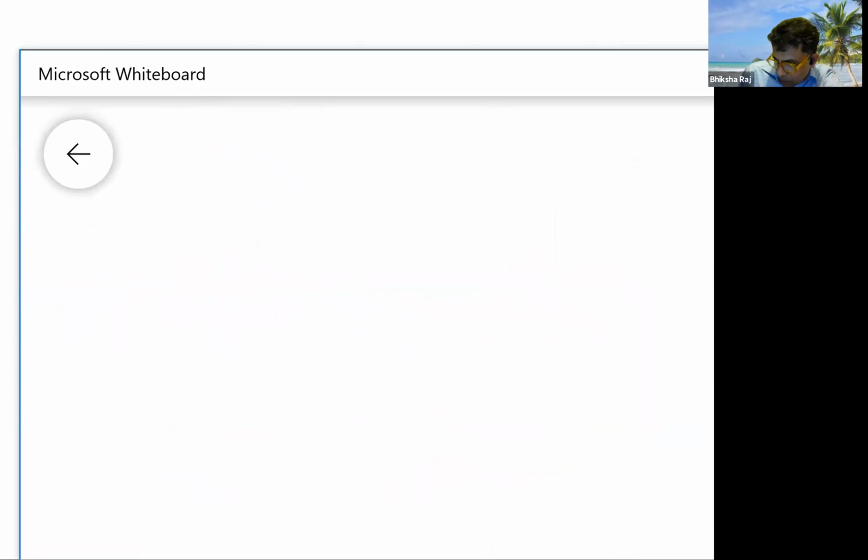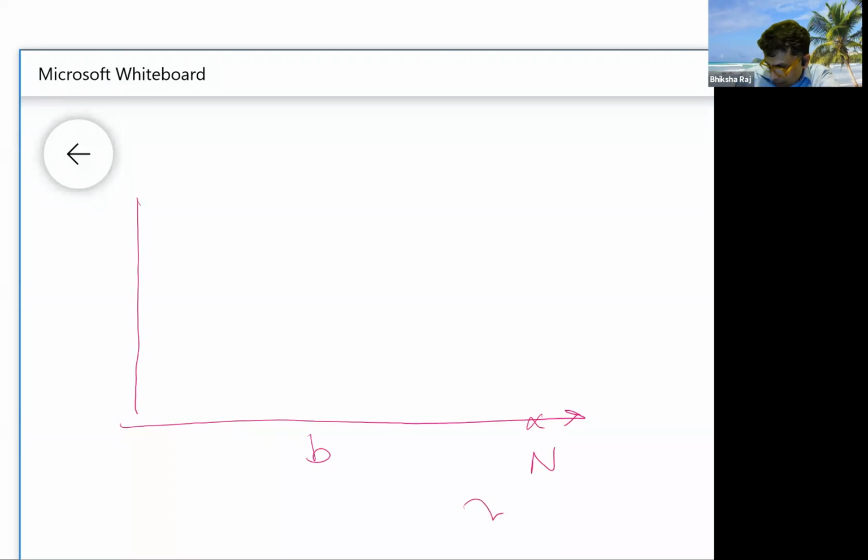So let's say this is my mini batch size, and this is my full batch size, n. And this is my variance. When the mini batch size is 1, I'm going to get a scaling factor of 1. When the mini batch size is n, this is going to be 1 over n.